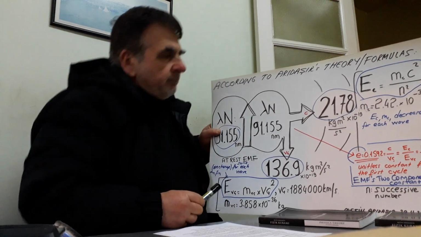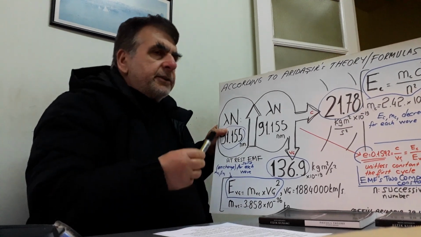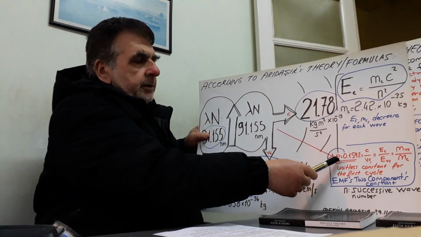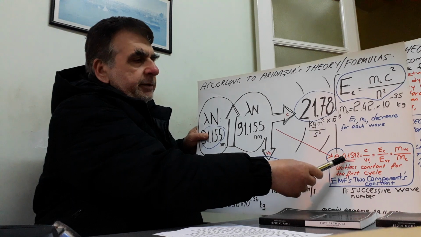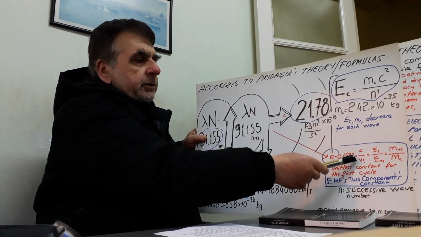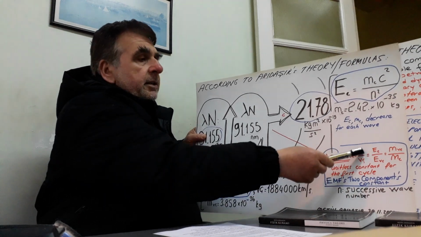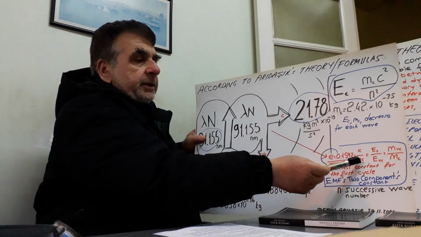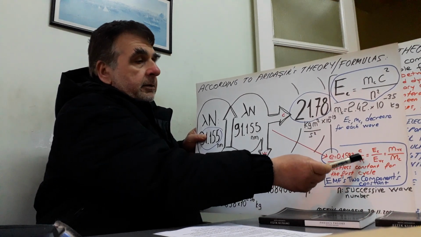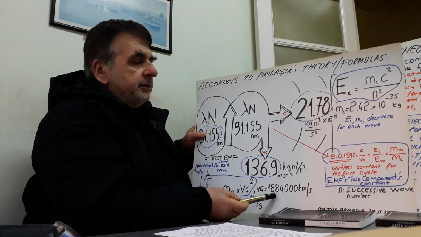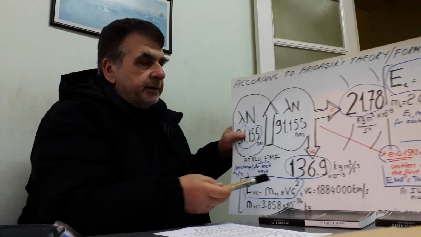Wrong conceptualization. Yes, E is equal to 0.1592. It means it is equal to the rate, speed of light divided by linear velocity Vg, 1,884,000 km per second, yes.